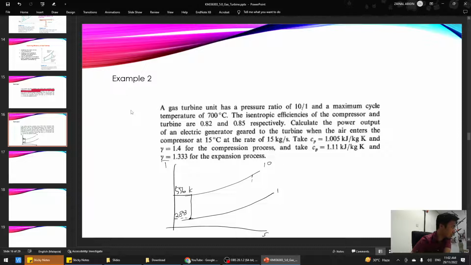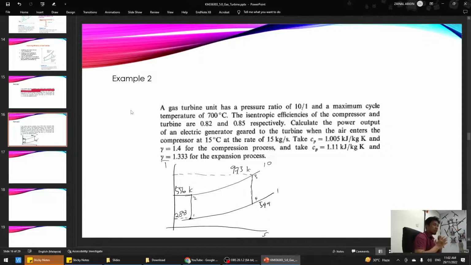Kemudian T3 given not dotted line but the straight line, 973 Kelvin, while the T4 here, T4 kita kira dapat 549. Of course kita ada beberapa titik puluhan, tapi saya make it simple so you boleh nampak the prime figure lah.